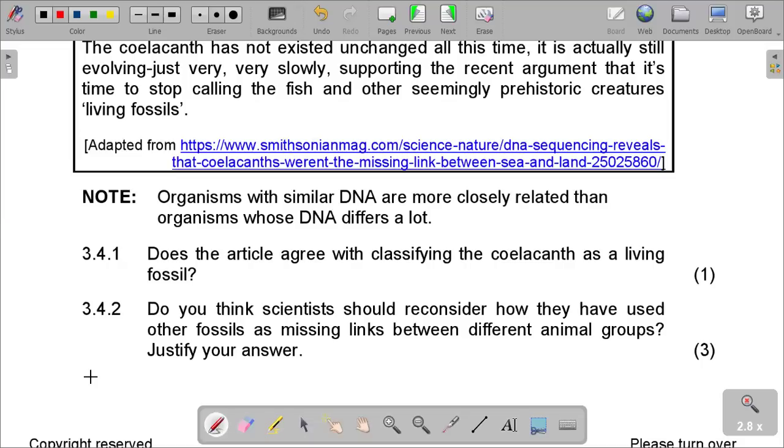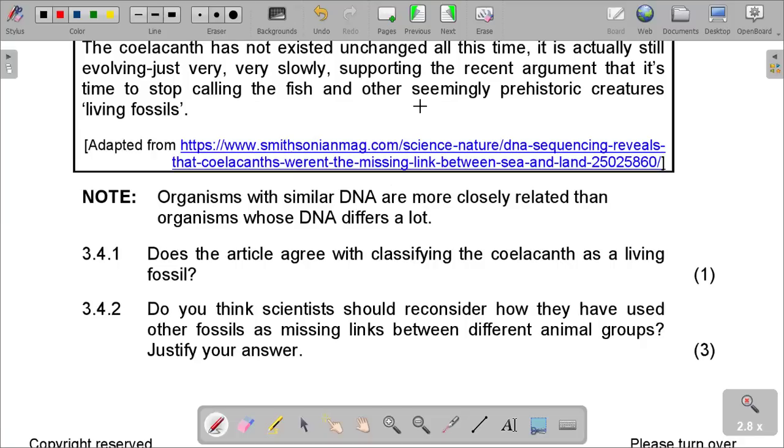So the question is asking, does the article agree with classifying the coelacanth as a living fossil? Do you think science should reconsider how they have used other fossils as missing links between different animal groups? Justify your answer. Does this agree?